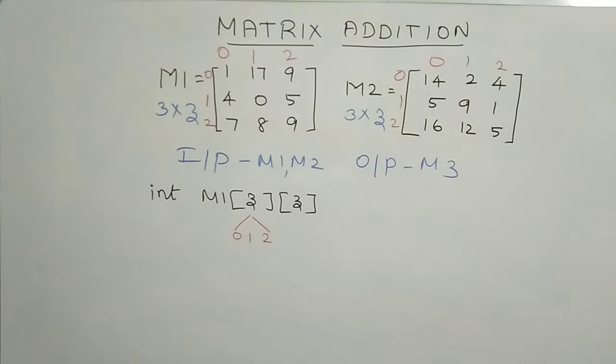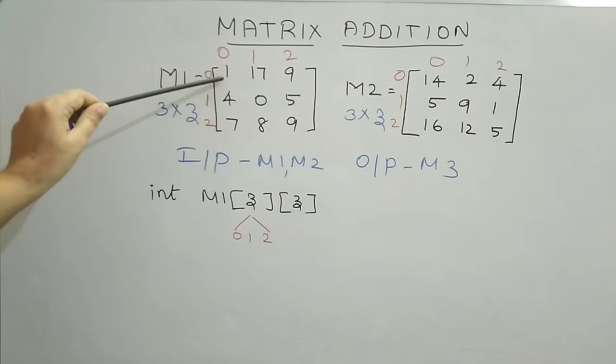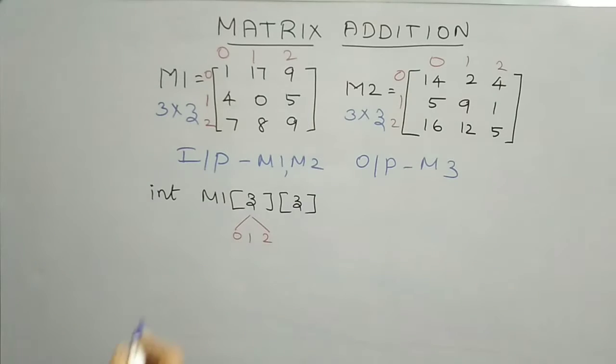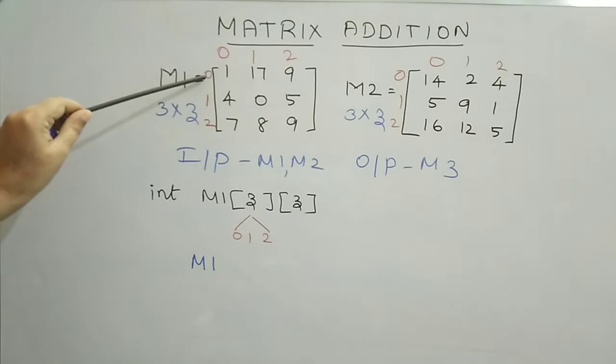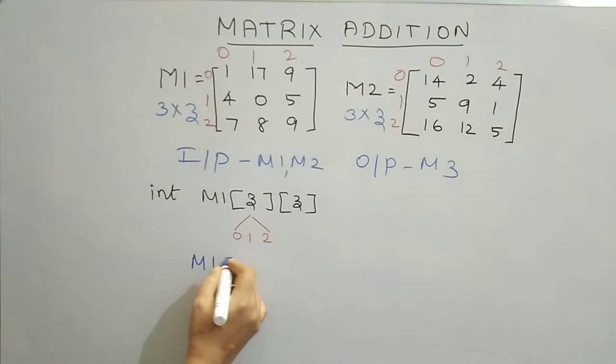If I want to access an individual element from the array, it can be accessed using the array name and the index position. If I want to access the individual element 1 from this array M1, I can access it with its index position, which is 0, 0.